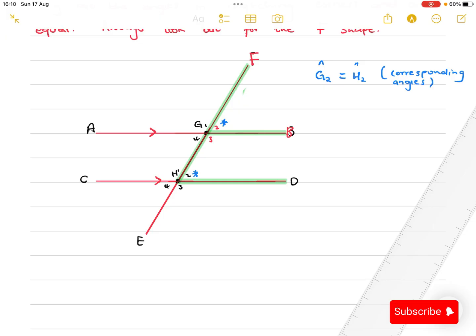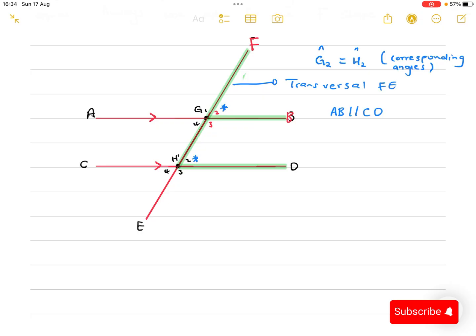And make sure that when you talk of corresponding angles, you pay attention to whether those angles are between parallel lines that are being intersected by a transversal. And the transversal in this case is FE. And the line AB in this case is the one that is parallel to CD.